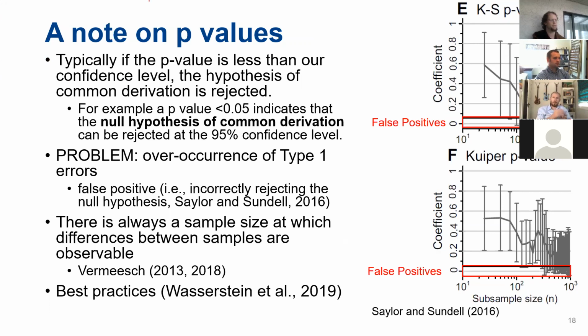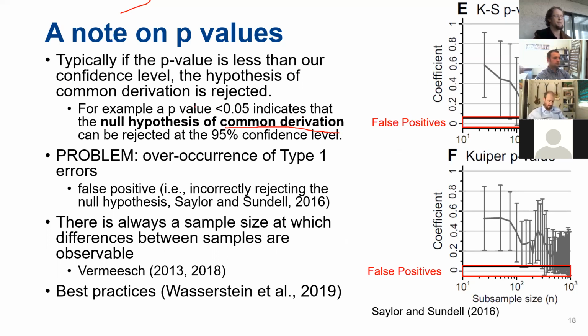So our null hypothesis is common derivation: two samples, could they be derived from the same source? And this p-value, which is calculated based on the KS D or Kuiper V value, gives us a sense of whether or not that's accurate.